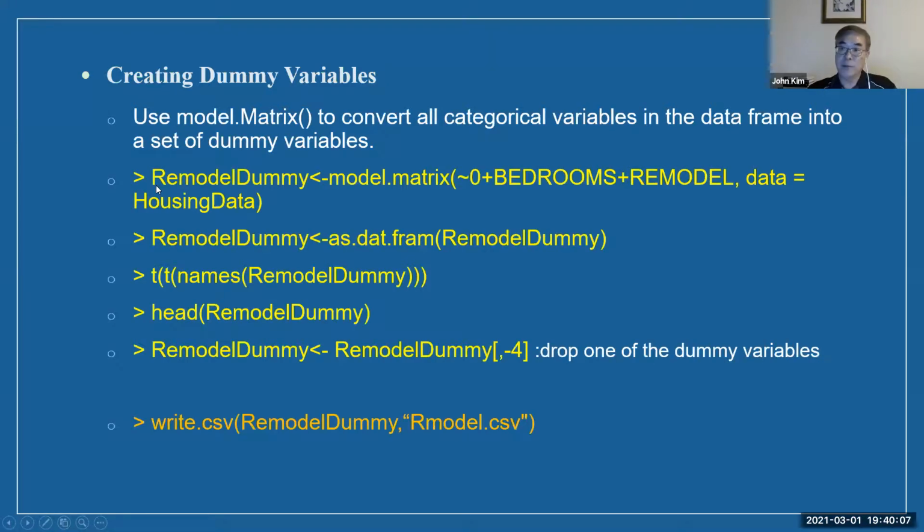We make a new file, and the name is remodel dummy. Put something in using this function: from 0 plus bedroom plus remodel, and then data, using this housing data. I will type it all.